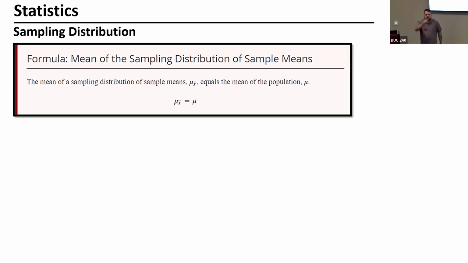Why do they put an X bar with population? Because X bar says sample. It's because right now I'm showing you what the central limit theorem is saying. So mu of X bar is equal to mu, sorry, I wrote that completely wrong, didn't I?